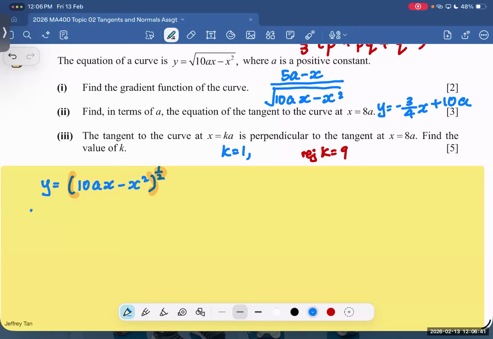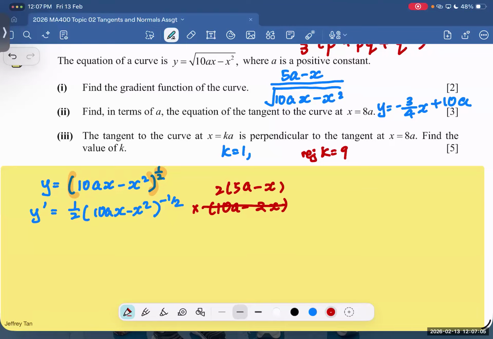Differentiate, y prime. Power go in front, power drop by 1. Differentiate inside, outside is 10a minus 2x. What is 10a minus 2x? Is the same as 2 of 5a minus x.